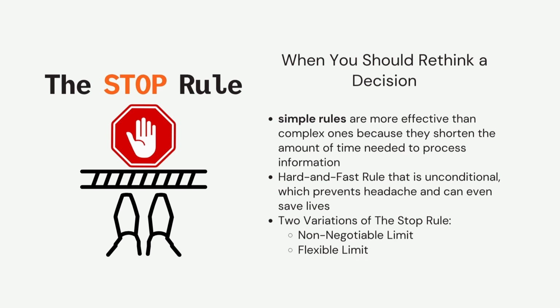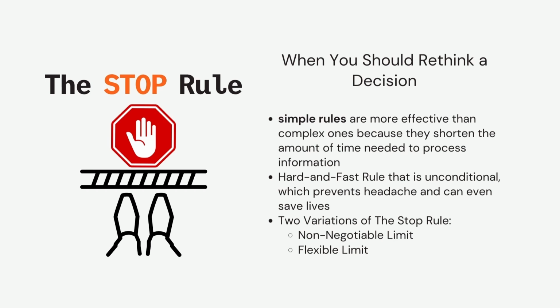Give yourself this one stop rule. The stop rule is a hard and fast, almost universally applicable alternative to the often torturous process of weighing up a situation. And the beauty of stop rules like this is that they are unconditional, they prevent headaches, and can even save lives. Take the case of mountaineers who use stop rules to ensure their safe return.